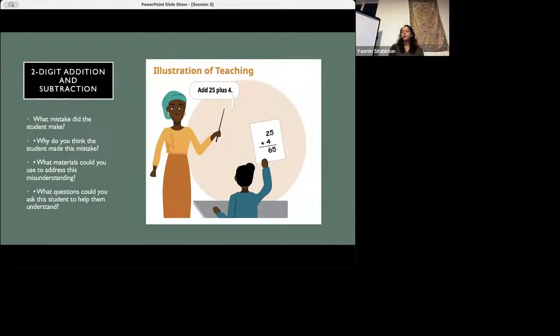What would you do if you were their teacher? Go back to the place value concept, then build from there. Yep, reteach place value. Good. Those are some good things to do.